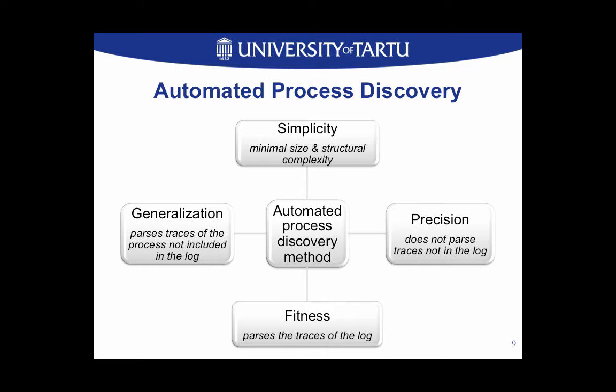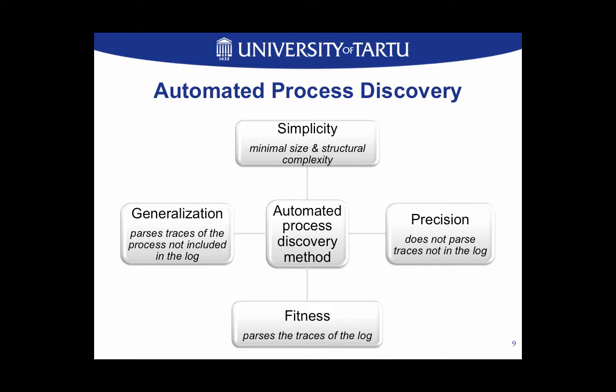But you also want to discover a model that parses the log. You don't want some traces in the log to not be parsed by the model anymore. So that's fitness, we call it fitness. You also don't want the model to generate traces that are not in the log. So you want it to be precise, we call that.